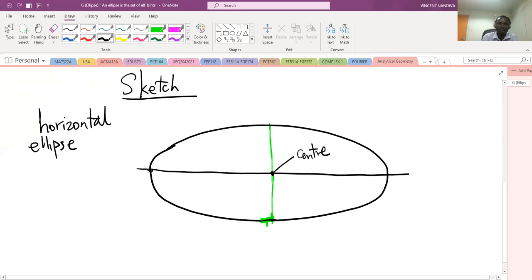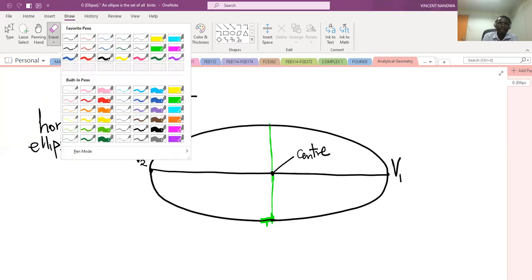And then if we call this point V2, this other endpoint V1, V2 and V1 are collectively called the vertices.